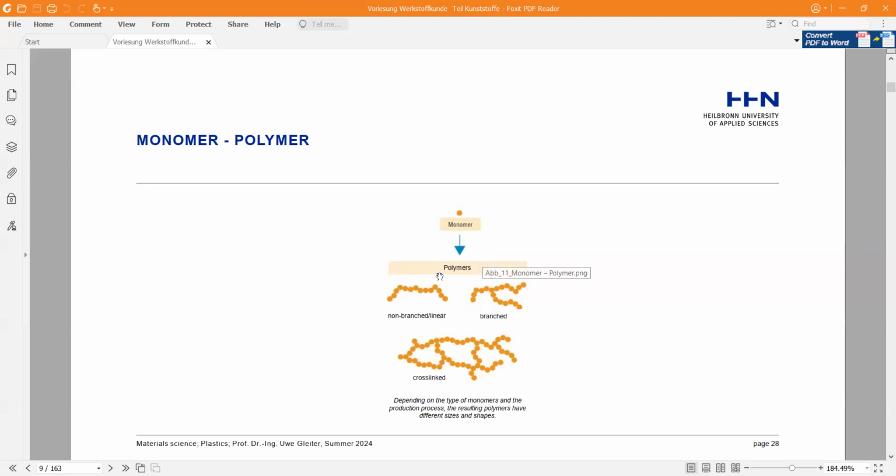The polymers are constructed using the basic unit, and we can divide them into three types: a non-branched linear structure, branched, and cross-linked. Depending on the type of monomers and the production process, the resultant polymers have different sizes and shapes.